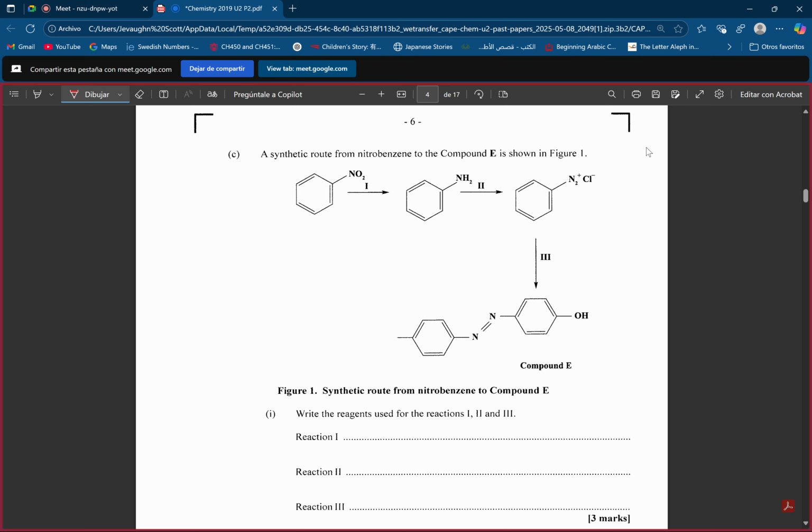So what's happening here now? So we have nitrobenzene to phenylamine, right? They will provide a salt, a diazonium salt to be specific, and they will end up with an azo compound. Lovely. What's the name of reaction one?